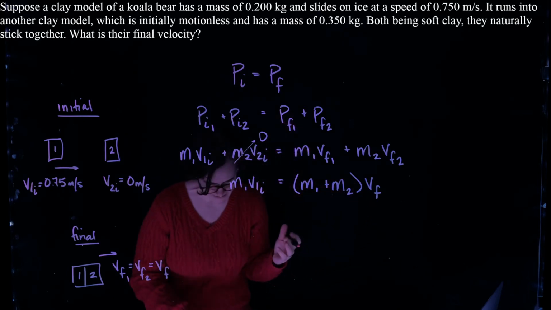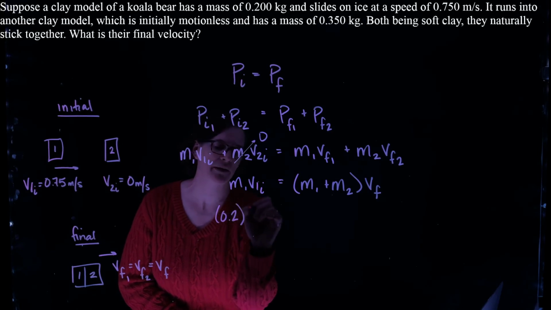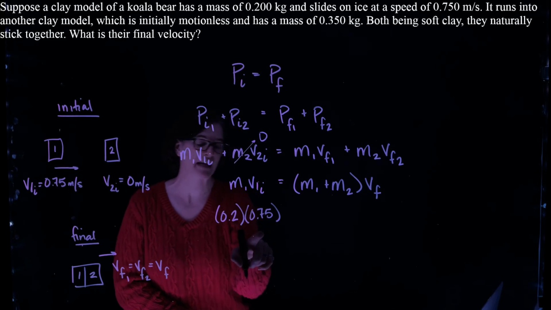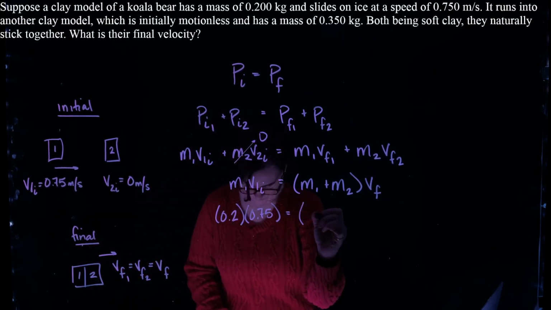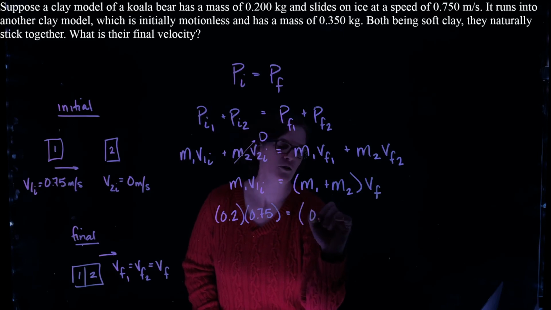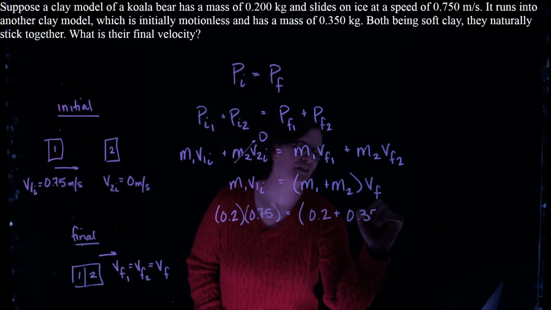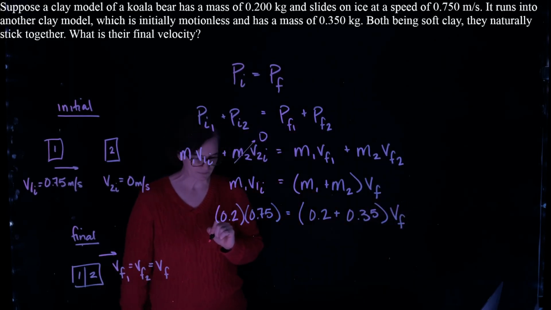All right, so let's put in our values. We have 0.2 kilograms, and it says it's moving at 0.75 meters per second. It's positive as I've drawn it. And that's going to equal 0.2 for object 1 plus 0.35 for object 2 times our V final.